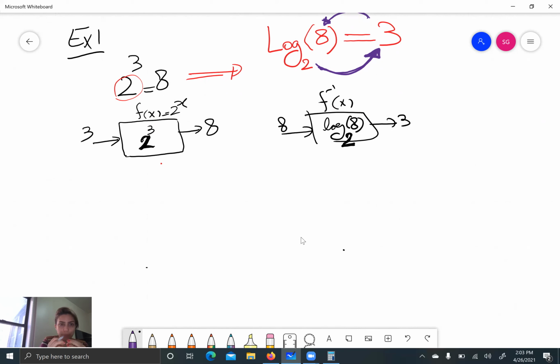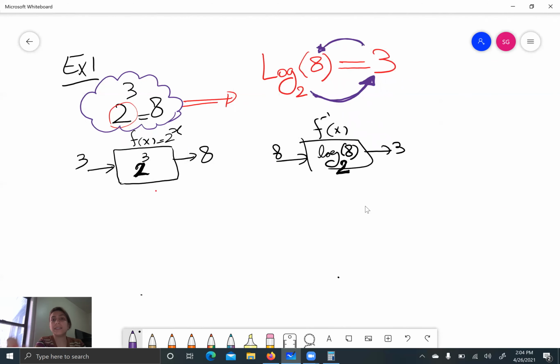There is a relationship. Look, we have 3 values right now: 2, 3, and 8. What is the relationship between these 3 numbers? You can express that relationship in the exponential format and say 2 cubed is 8, or alternatively, you can express it in the logarithmic format, which says log of 8 to the base 2 is 3.